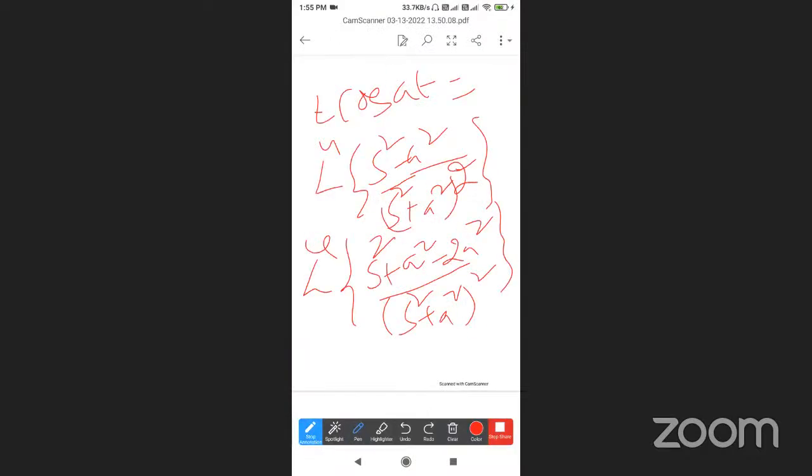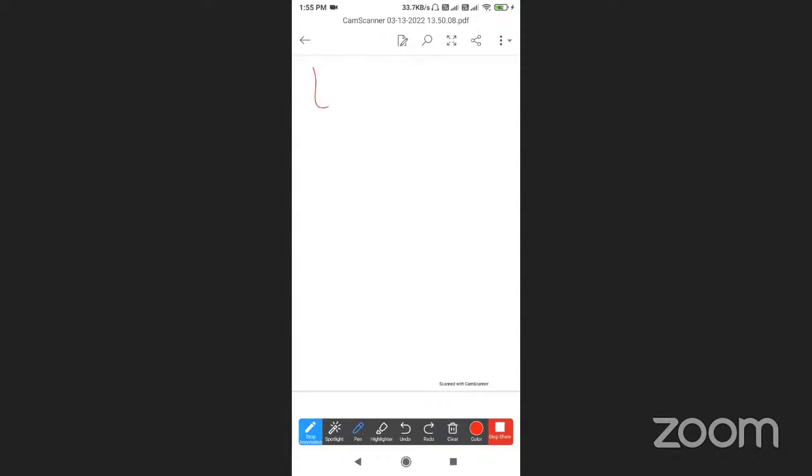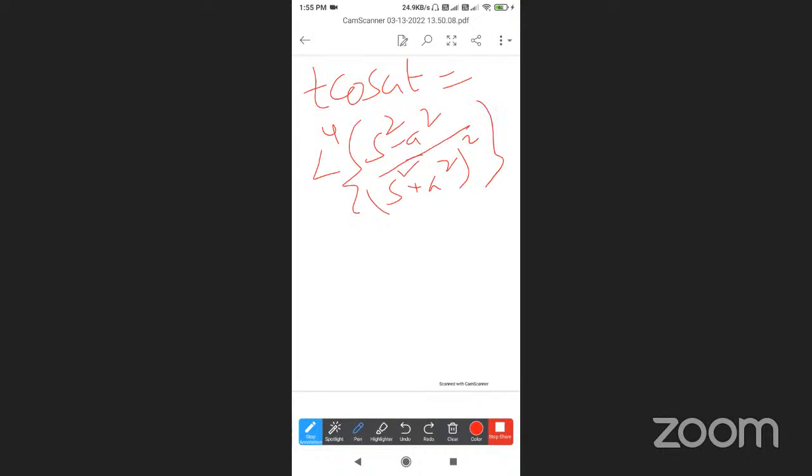Yes, we have to clear t cos at is equal to inverse Laplace transform of s square minus a square by s square plus a square is a whole square. So in the numerator add and subtract.